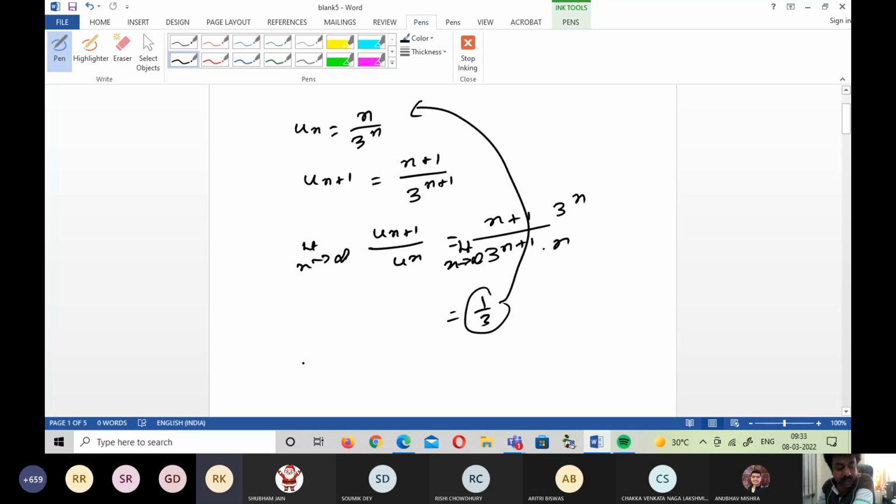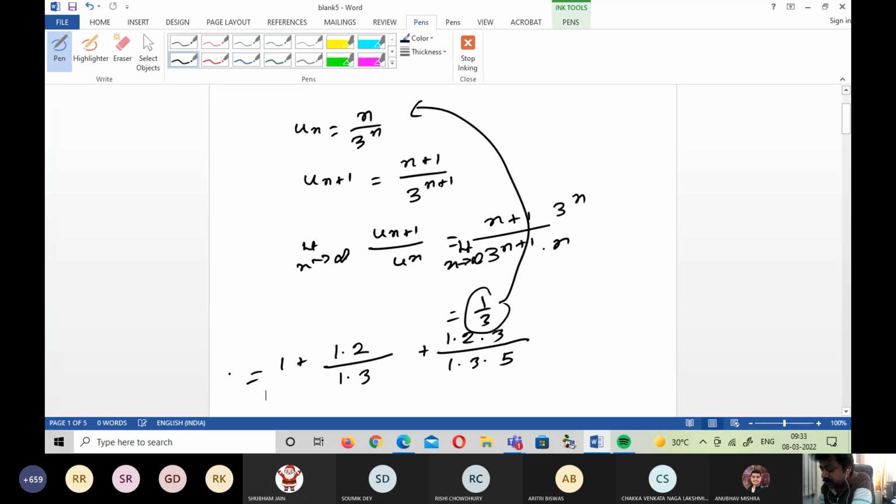Now can you calculate another problem? Just write. Suppose 1 plus 1 into 2 by 1 into 3 plus 1 into 2 into 3 by 1 into 3 into 5.